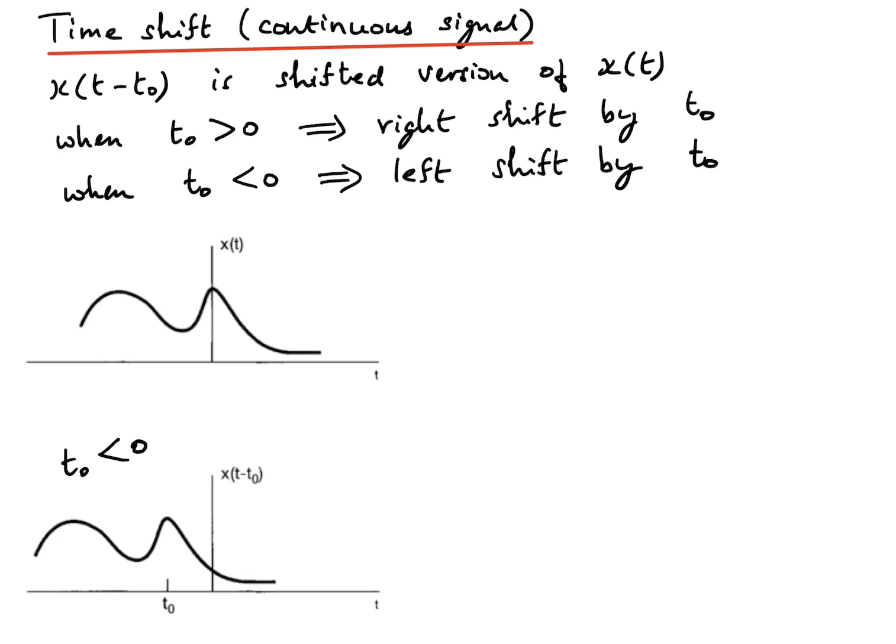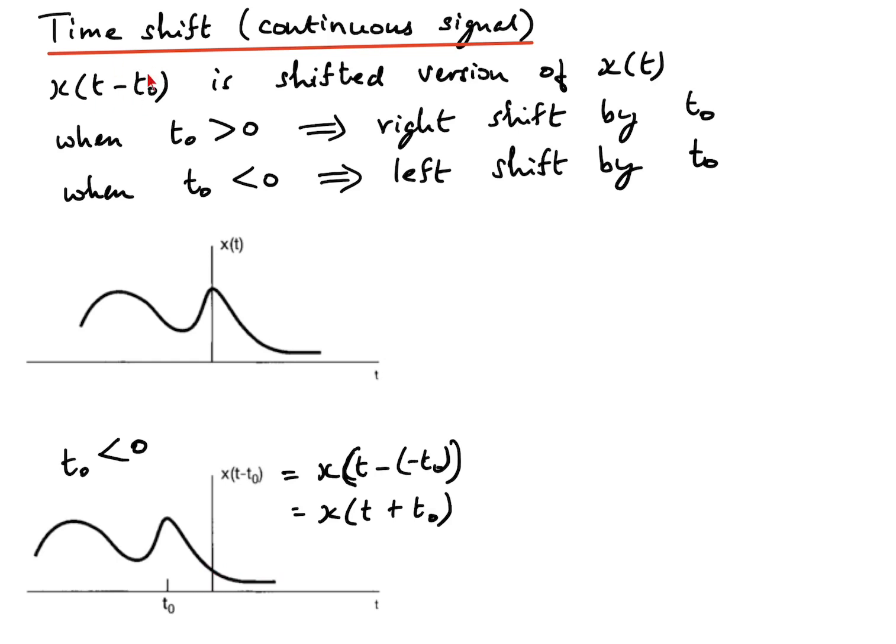So when t naught is negative, x of t minus t naught is simply x of t plus t naught, because minus of minus is plus, as t naught is a negative number. So whenever we have a plus, that indicates a shift to the left, and whenever we have a minus, that indicates a shift to the right.